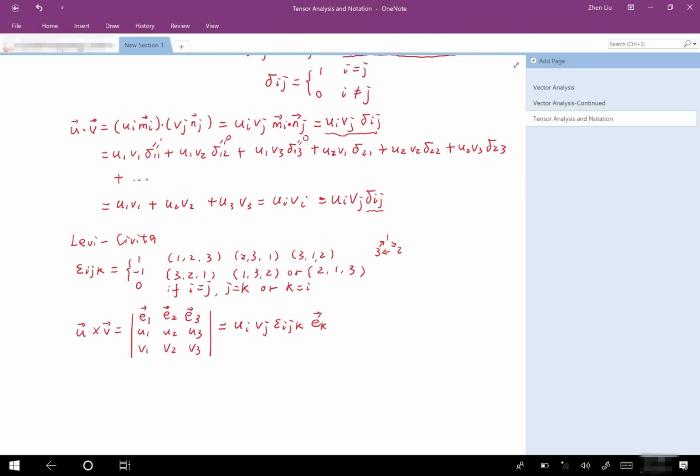As long as you know the operation between two first order tensors, two vectors, you will know how to deal with higher order tensors. So I want to give you guys simple ways for writing the dot product and the cross product that we introduced before, because now if we use higher order tensors, we can use these very simple ways to deal with them.